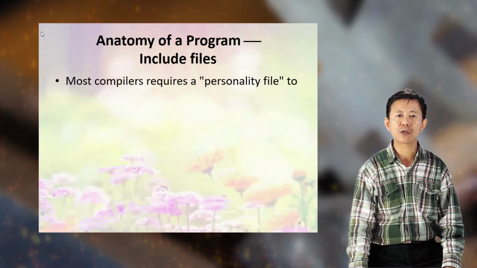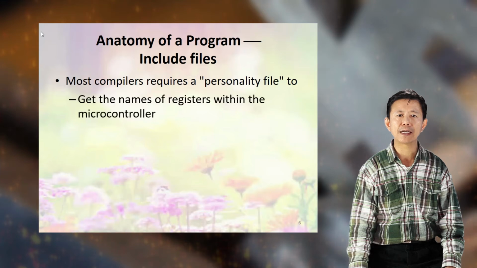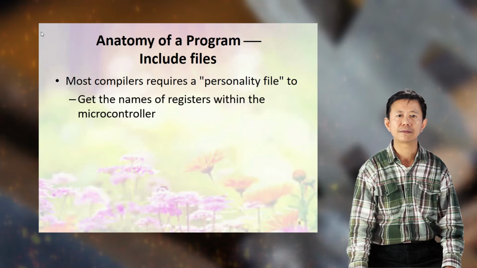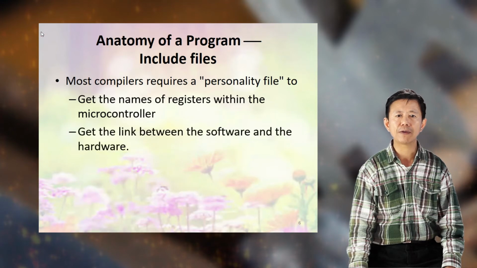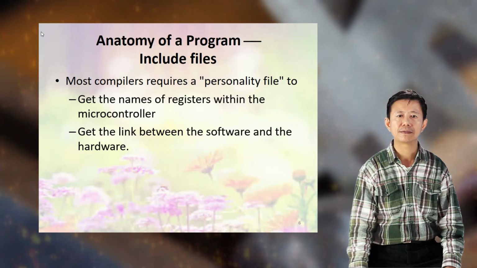Most compilers require a personality file for the specific microcontroller that you are using. This file provides the name of each register used within the microcontroller. It also provides the link between a specific register's name within software and the actual register location within hardware.